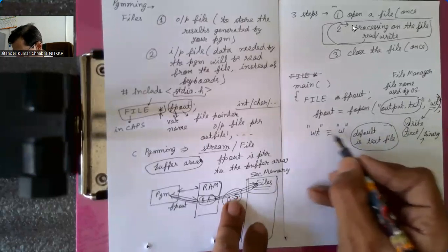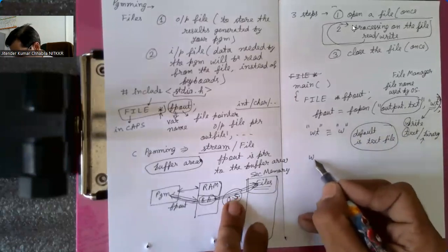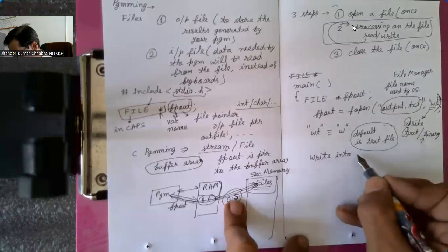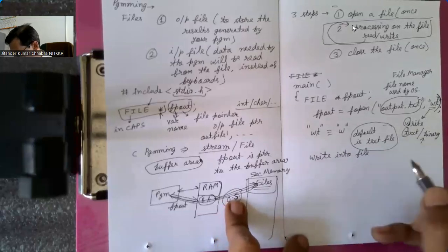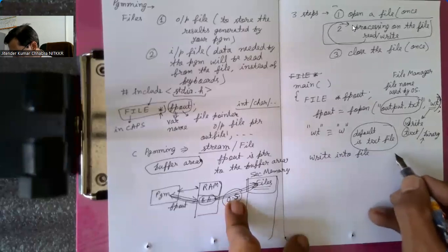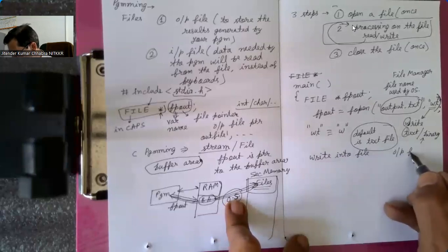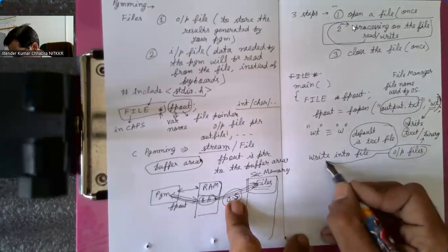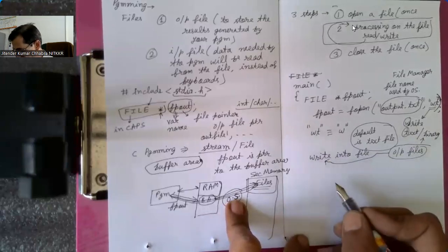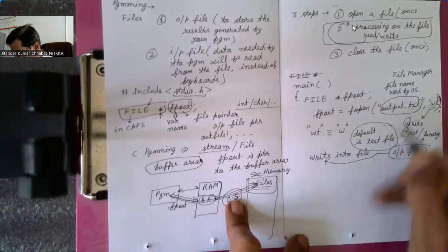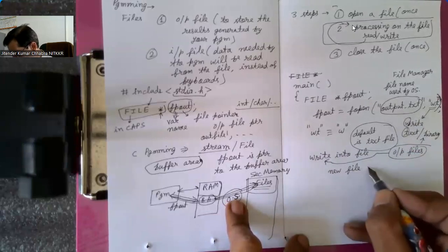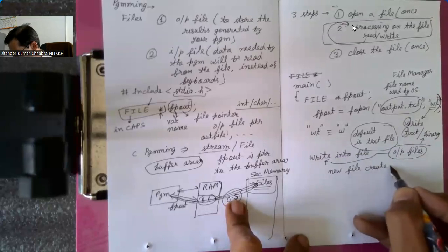W means write into file. So if you want to write something to a file, you will open it in write mode. Effectively, it means your output files will always be opened in write mode. What does this mean? There will be a new file created with the name output.txt.